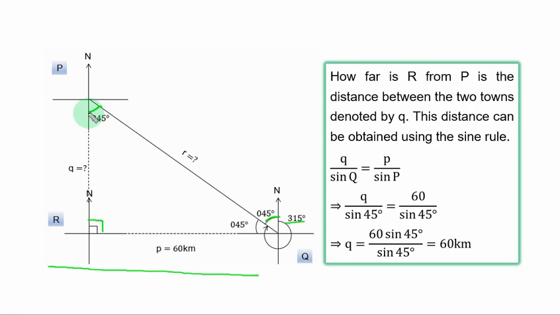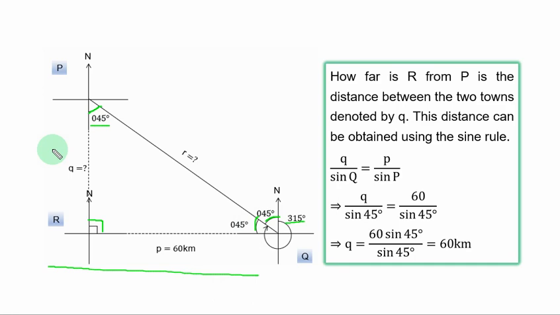In a triangle, the sum of the angles is 180 degrees. So if here is 45 degrees and here is 90 degrees, the third angle must be 45 degrees.